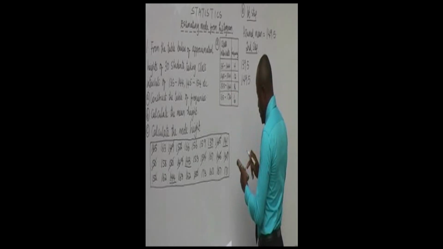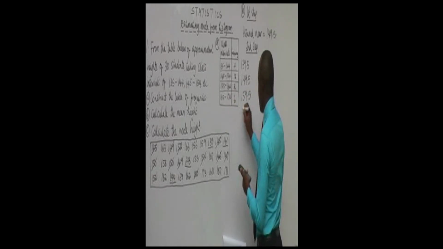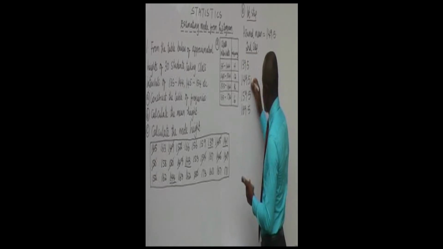The third: 155 plus 164 divided by 2 gives us 159.5. This one will give us 169.5. It is in this sequence.